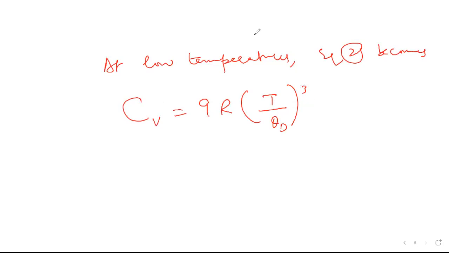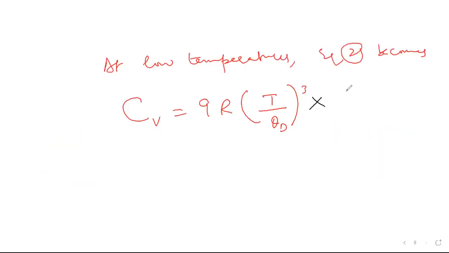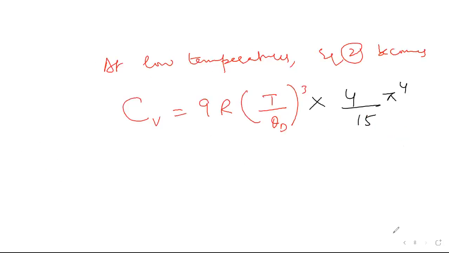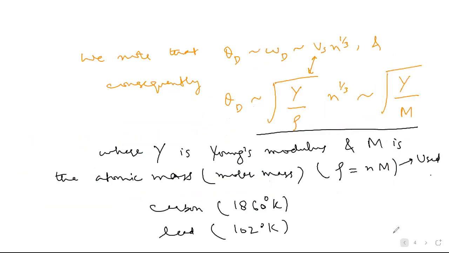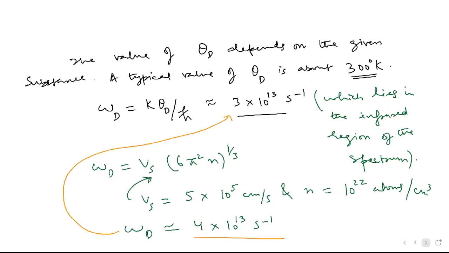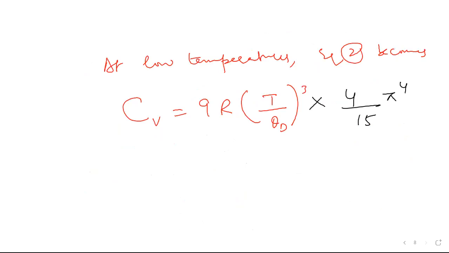Then I substitute the value of the integral, which is 4 by 15 pi^4. And in front of the integral in equation 2, I have 9R (T by theta D) cube.